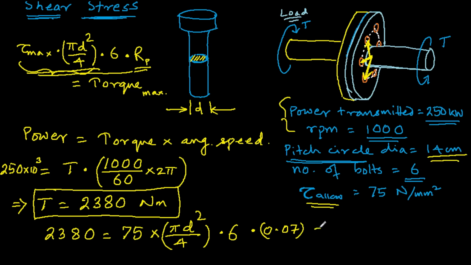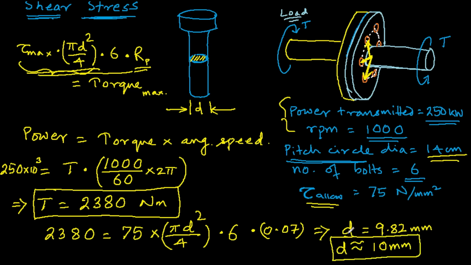So from here you can get the diameter to be equal to 9.82 millimeter. But because it's a design problem, you shouldn't say it's 9.82, so at least D should be 10 mm diameter.